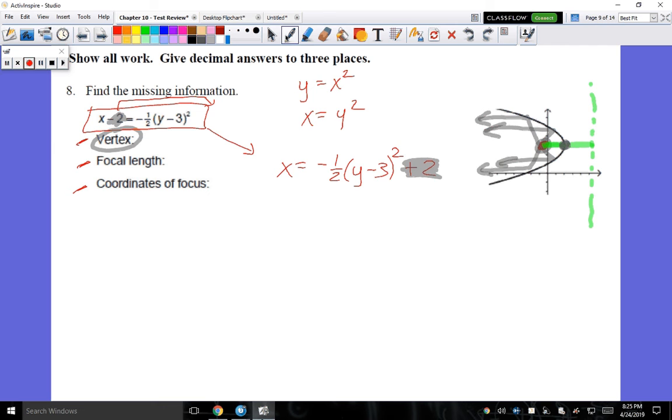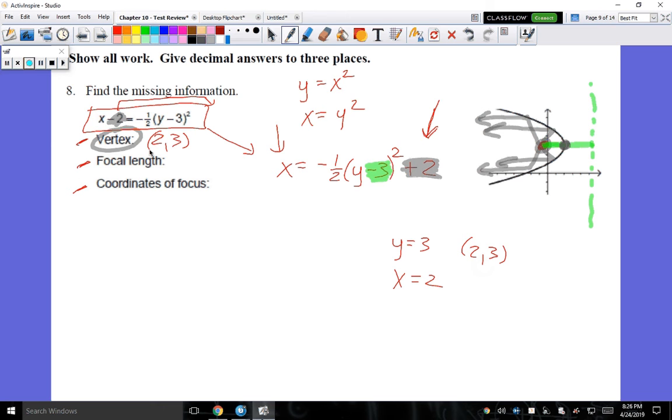Now for the vertex, I can look at this form and know that anything in parentheses is going to be interpreted as the opposite. So y is really 3. And anything on the outside, since it's x all by itself, is going to be interpreted as what you see. So with x being 2 and y being 3, my vertex is (2, 3).